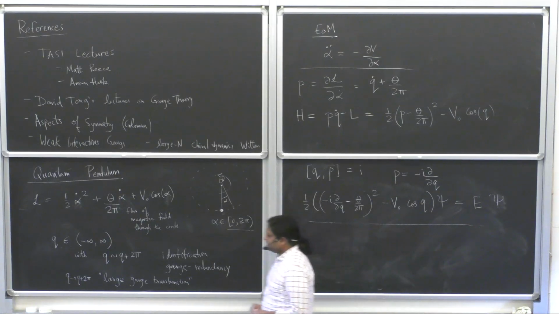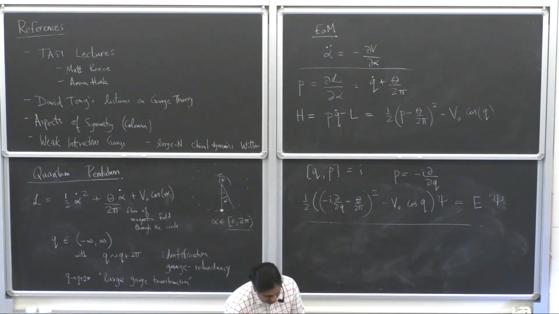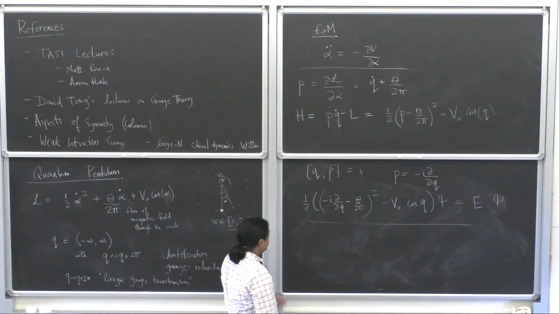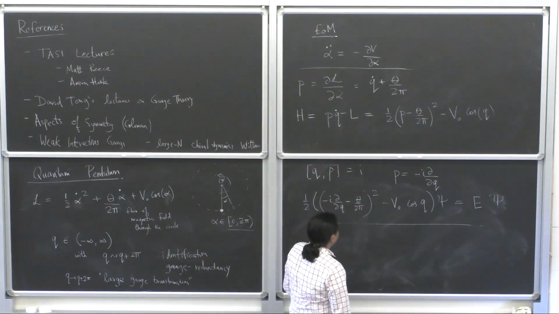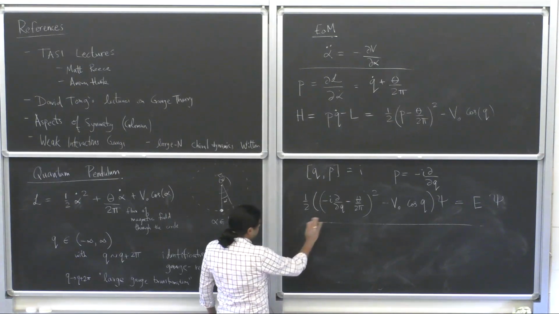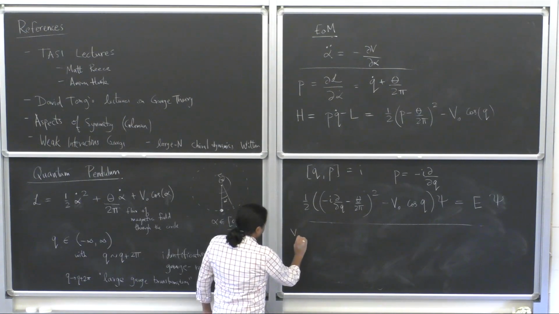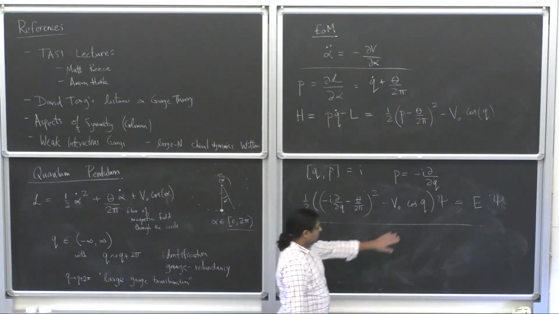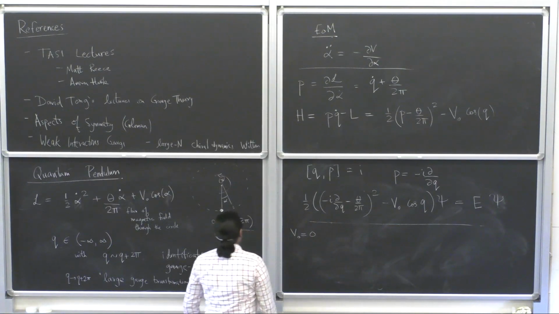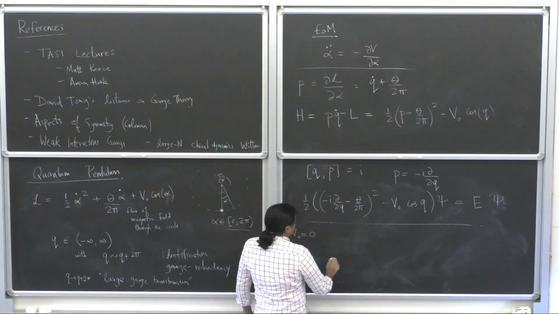So this equation has the form of what is called a Mathieu equation, and the solutions are special functions called Mathieu functions, which are similar in spirit to sines and cosines. This equation is easy to solve in a limit where our parameter v0 equals 0. So there's no potential; you could say it's a pendulum in free space.